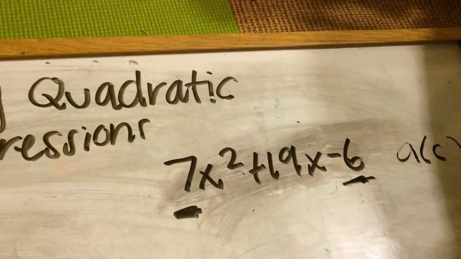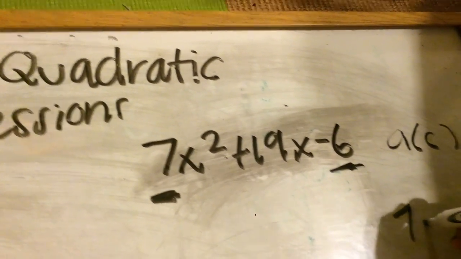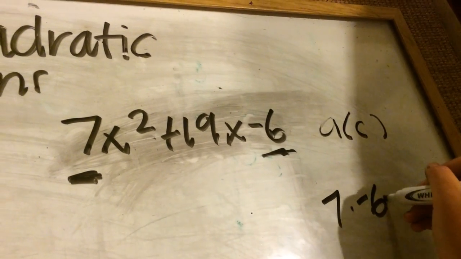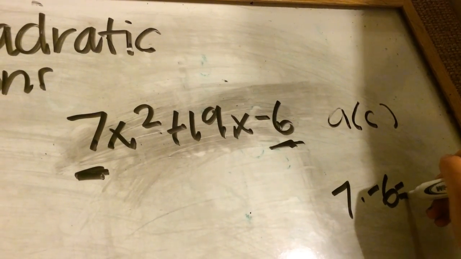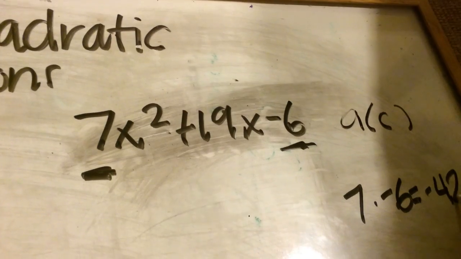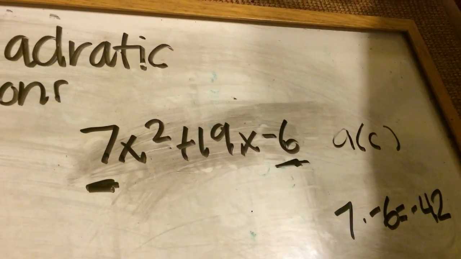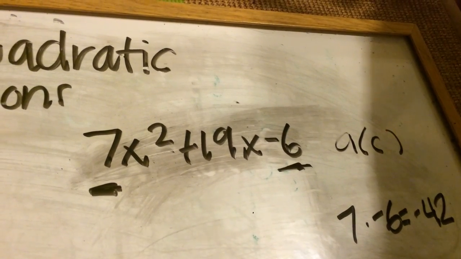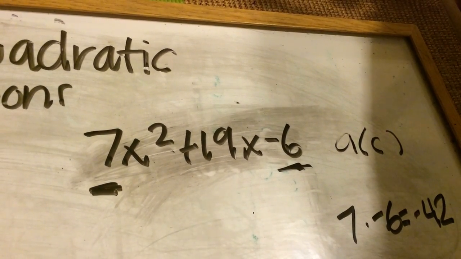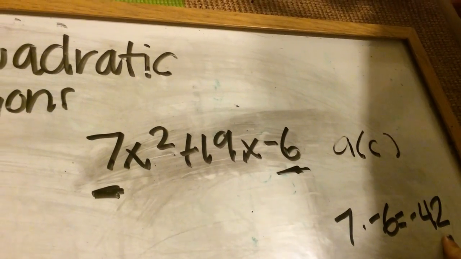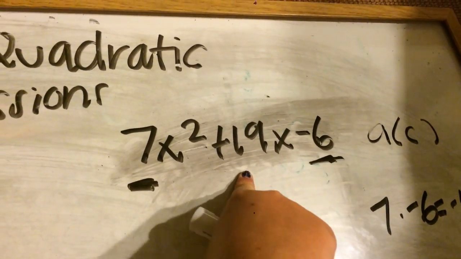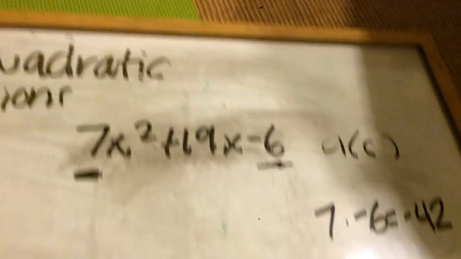So 7 times negative 6 is negative 42. Then we're going to find the factors of that: what multiplies to negative 42 and adds up to positive 19.